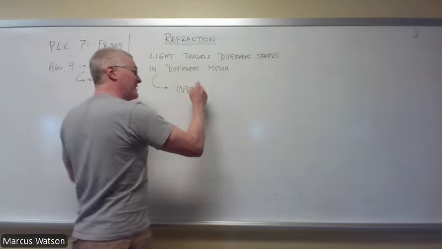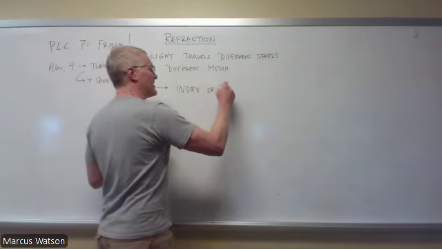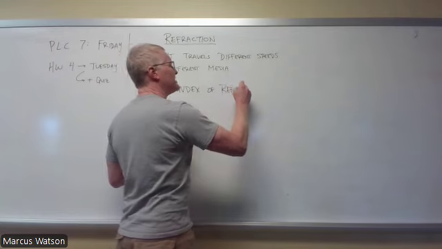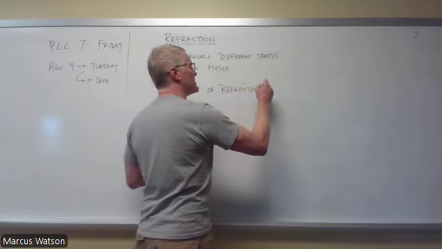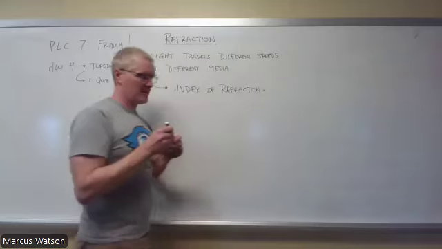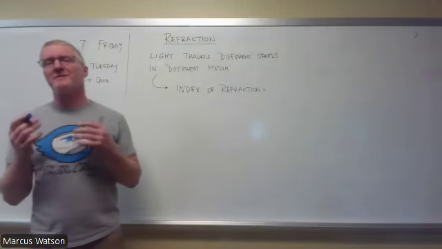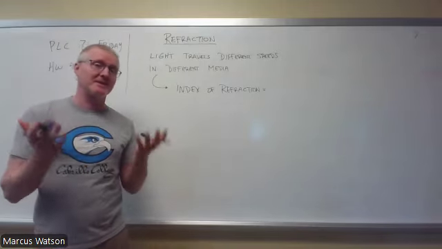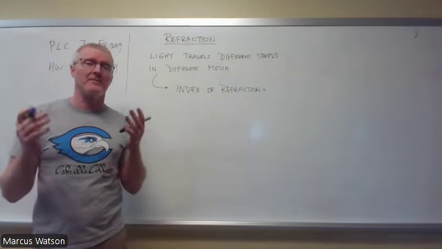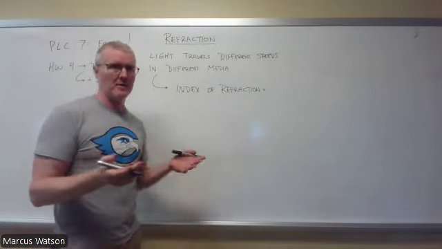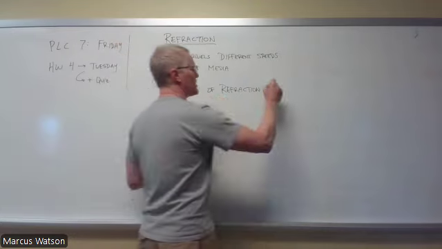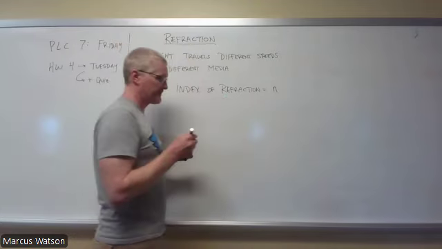It leads us to define a quantity which helps us quantify how much the speed of light is different from its vacuum value. Okay, the index of refraction is going to be known as n.